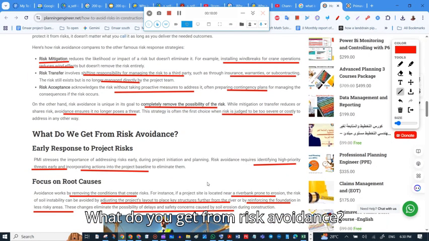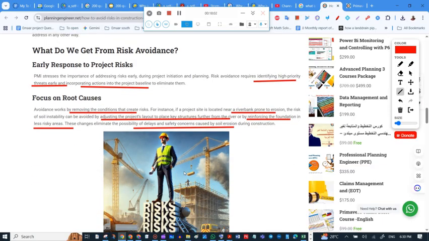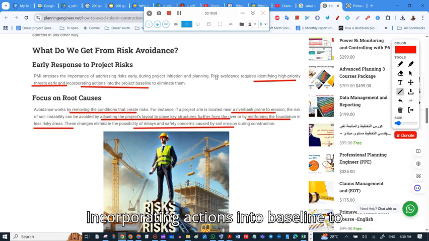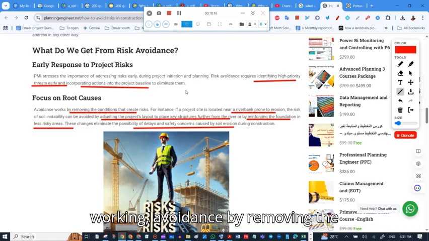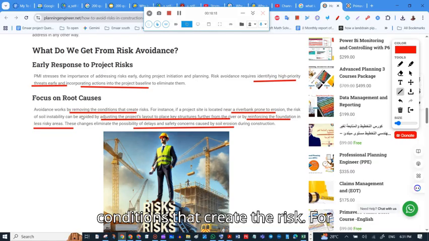What do you get from risk avoidance? This requires identifying the high-risk, high-priority threats early and incorporating actions into the baseline to eliminate them. Focus on root causes. How does it work? Avoidance works by removing the conditions that create the risk.